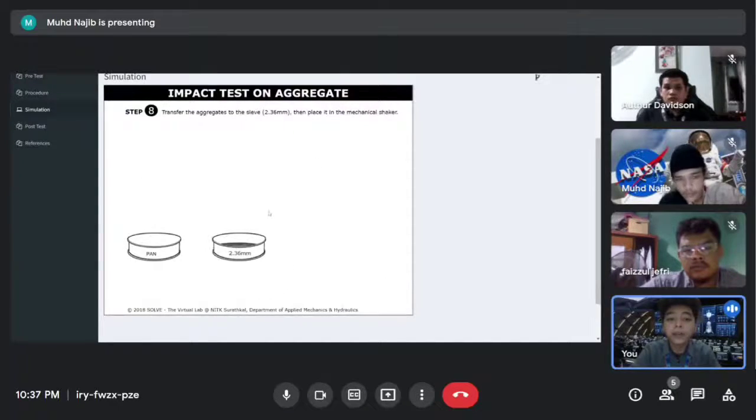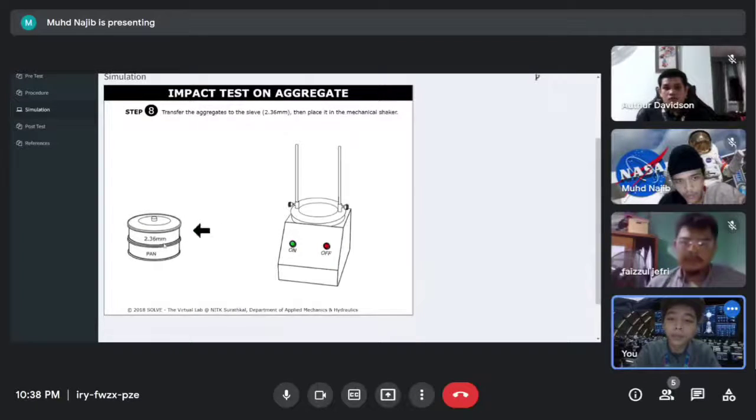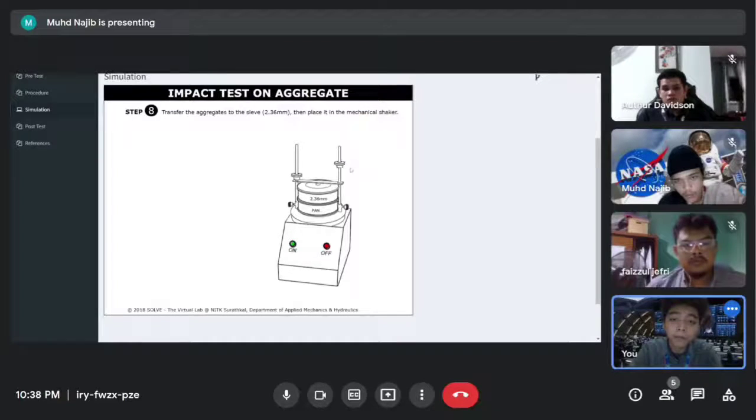Okay, next, we will remove the sample of aggregate from the cylindrical measure and sieve through the 2.36 mm sieve. As we can see from the visual, we are using a shaker to sieve. After we are done sieving, we will use a brush to remove small particles of aggregates.